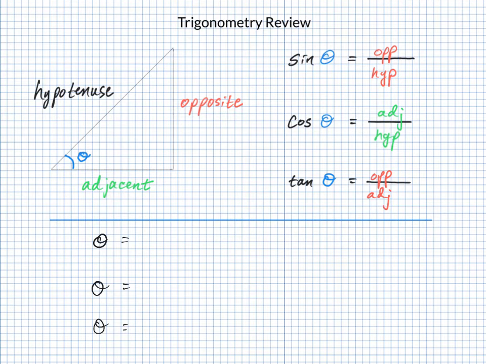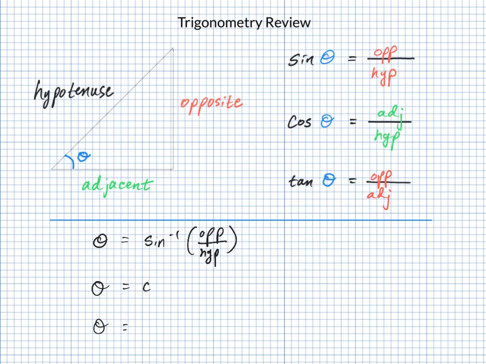Let's say that we knew the opposite side and the hypotenuse. We would be taking inverse sine of our opposite side and our hypotenuse, and that would give us theta. Similarly, let's say that we only knew the adjacent side and the hypotenuse.